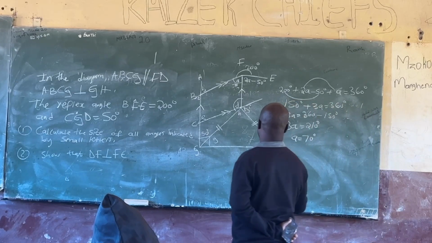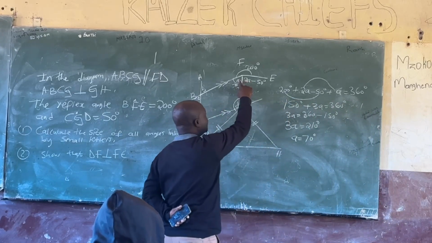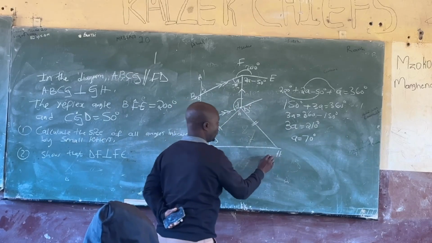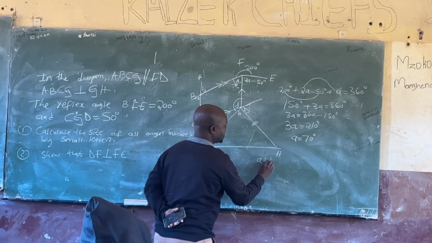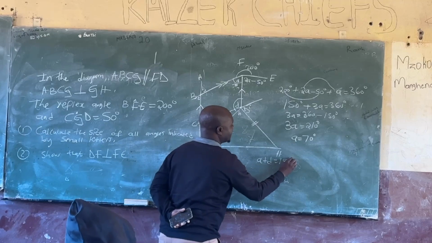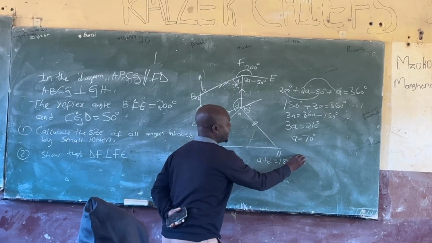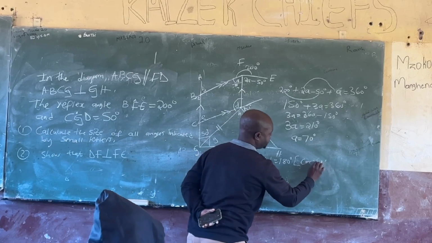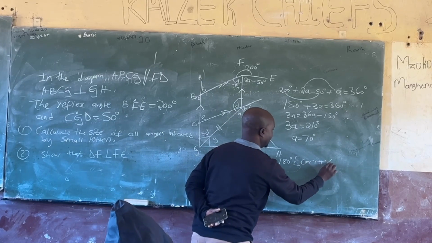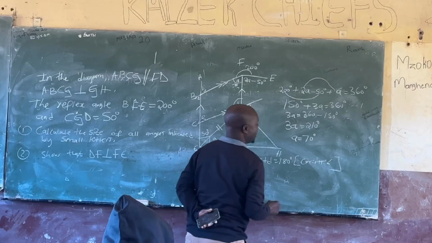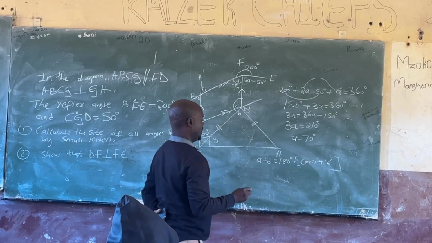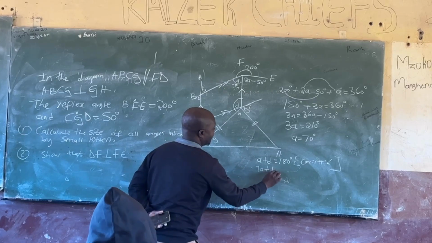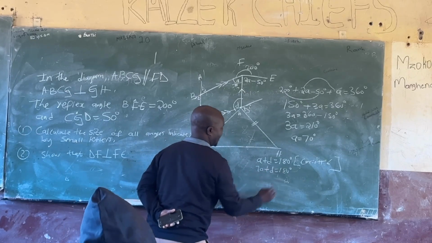Now, 70 plus d, we have a plus d equals 180. And the reason is co-interior angles. Now you have 70 plus angle d equals 180.